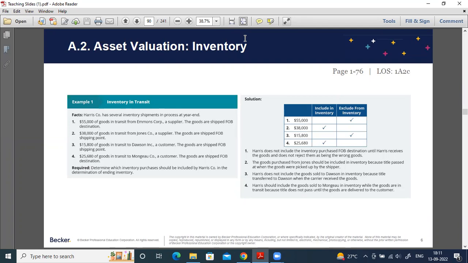Of course, the supplier might have initiated the sale, that is, initiated the transport. But until you inspect the goods, you cannot include them as a purchase in your inventory. I believe the first transaction is clear, guys. So that's why it should be excluded from the inventory. Clear?